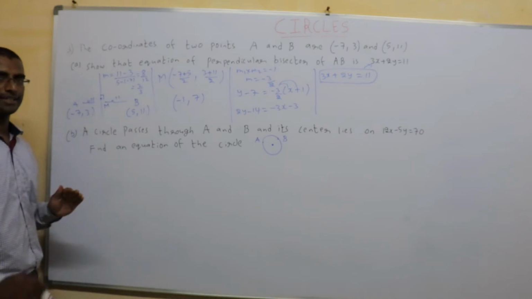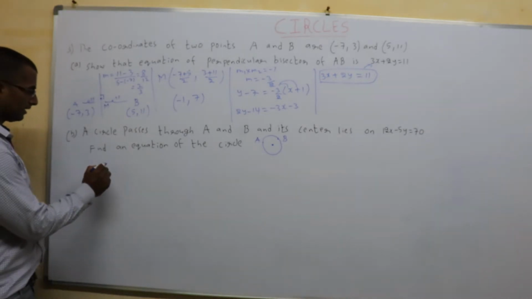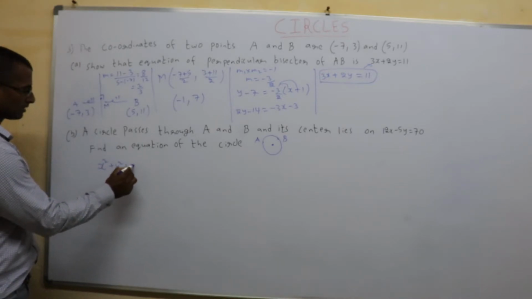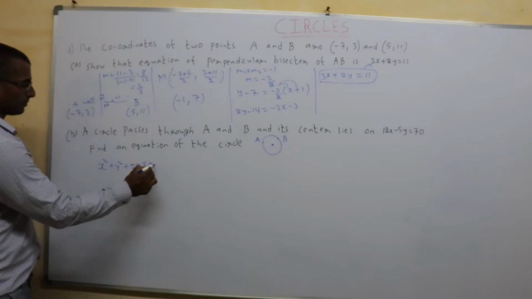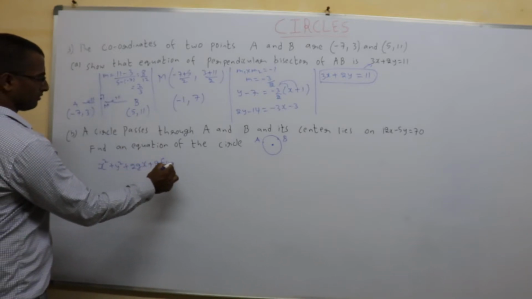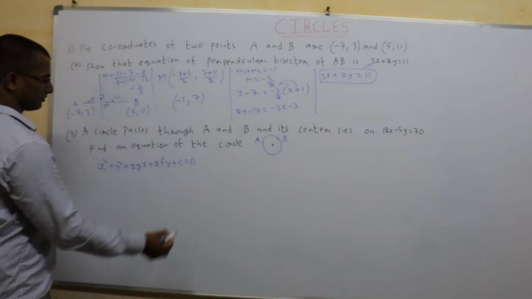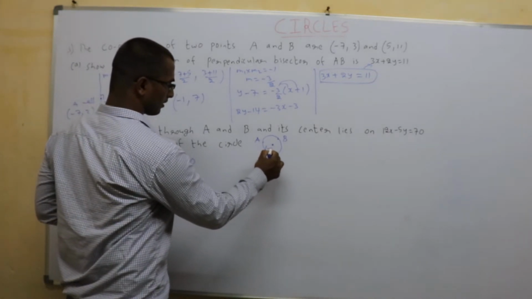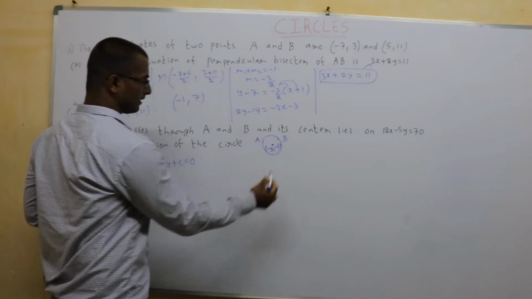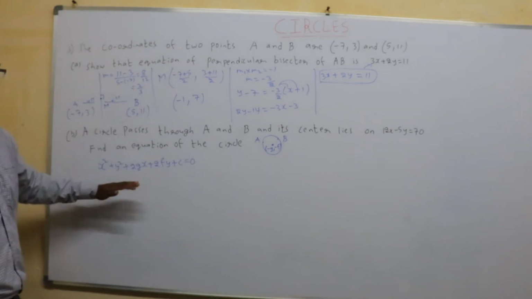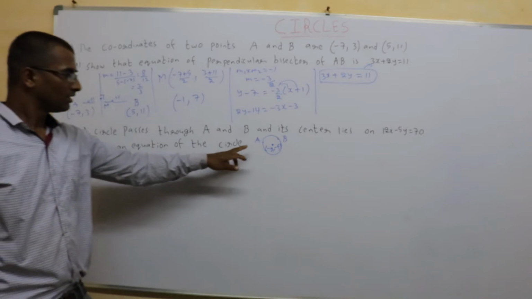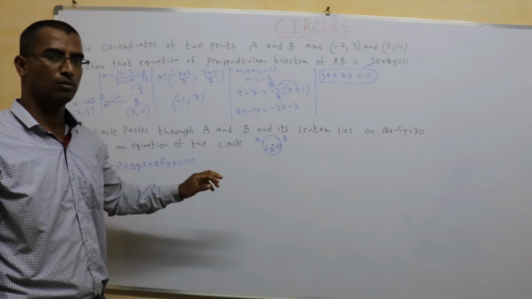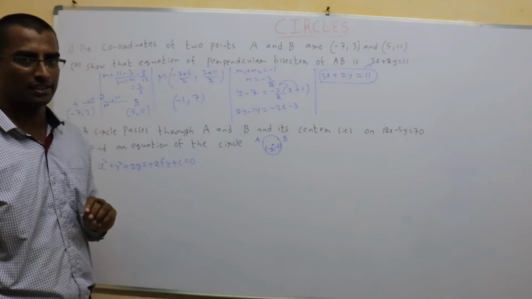The equation of a circle in general form is written as x square plus y square plus 2gx plus 2fy plus c equal to 0. Whenever it is in this form, the center is minus g comma minus f. Clear?